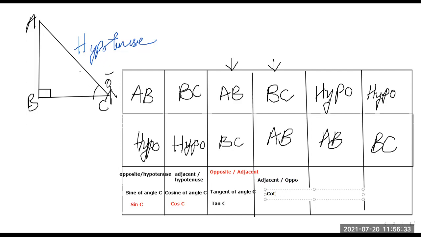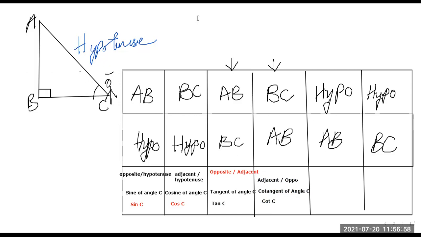It is cotangent of angle C. So simply इसको कैसे याद रखेंगे? Cot C. ठीक है.